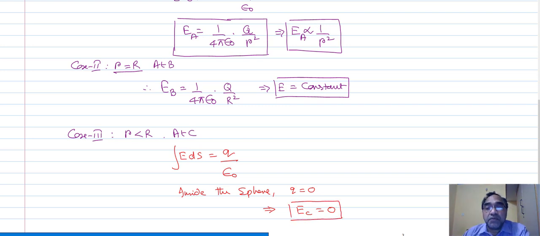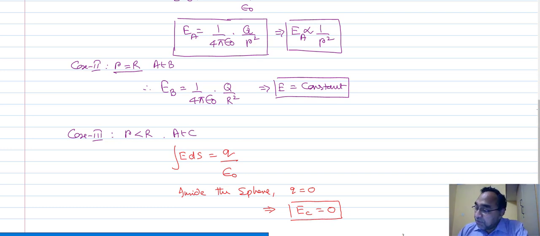This also gives us one very important conclusion, that there cannot be any field inside a hollow conductor. The metal sphere is there, and since there are no charges inside, there cannot be any field inside.